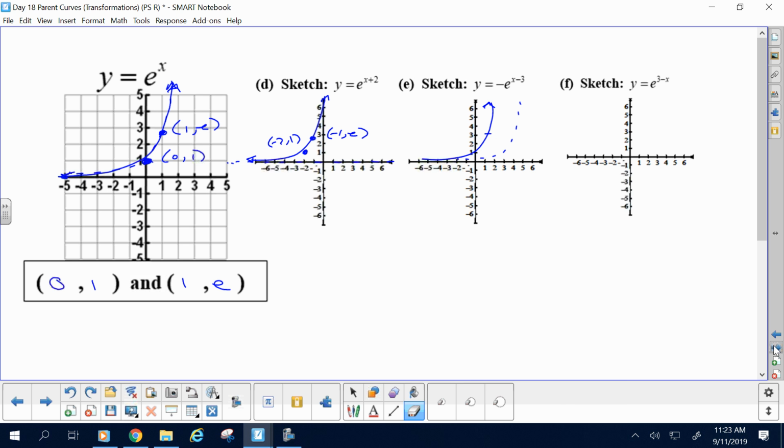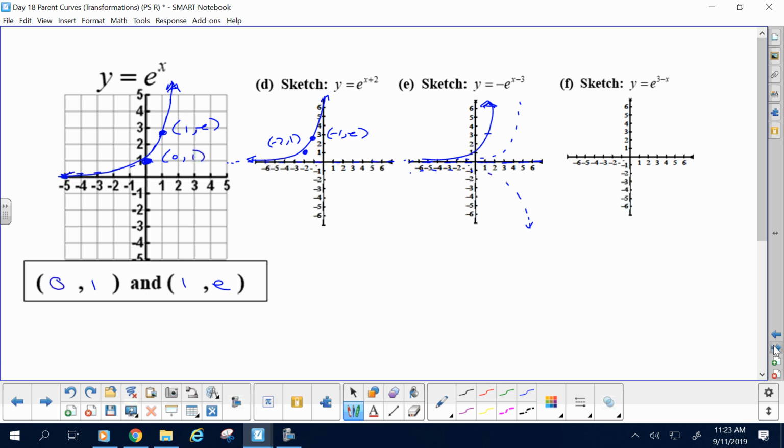Up and down. So it would be something like this. Now we need to get it a little more exact. What about the asymptote? It's still at 0 because it was not vertically changed, yeah?